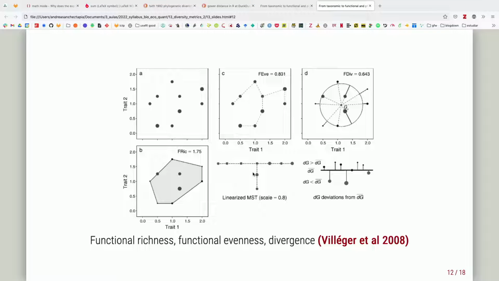One of the earliest functional diversity indices is Villéger from 2008, and it's very geometrical. What it does at the end is plot in two-dimensional or three-dimensional space the n-dimensional space occupied in traits by the individuals of a community or of a species.